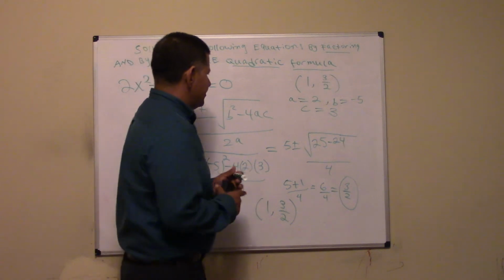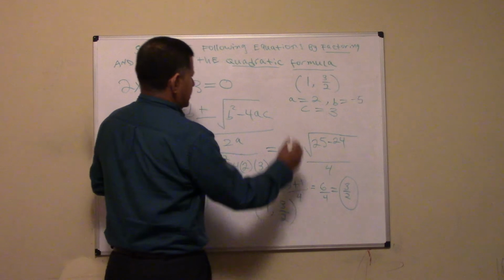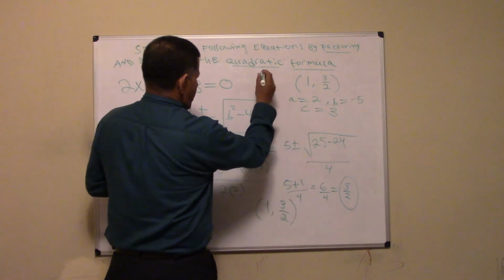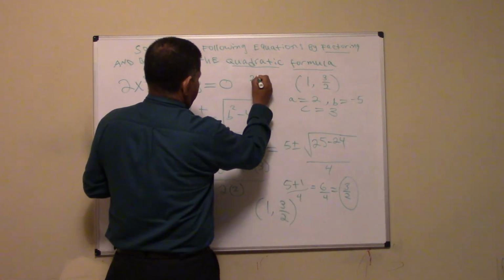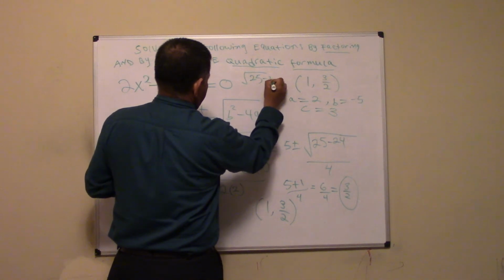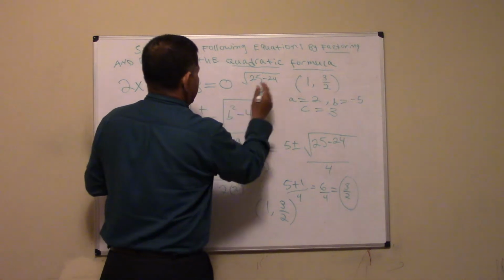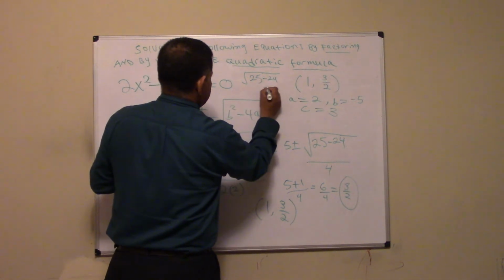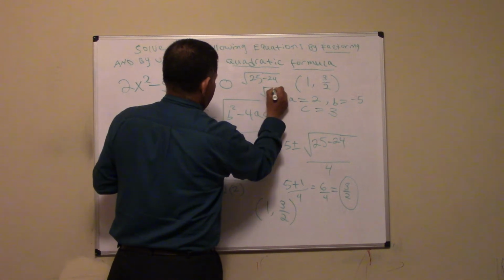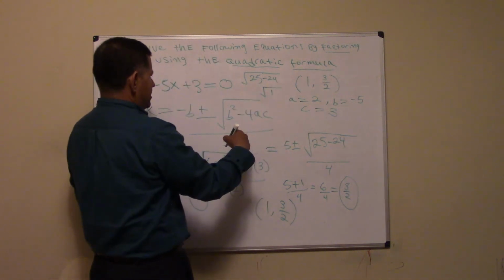I have 25 minus 24, and this is the square root of 1, and the square root of 1 is 1.